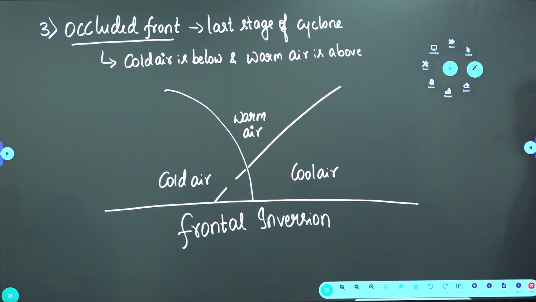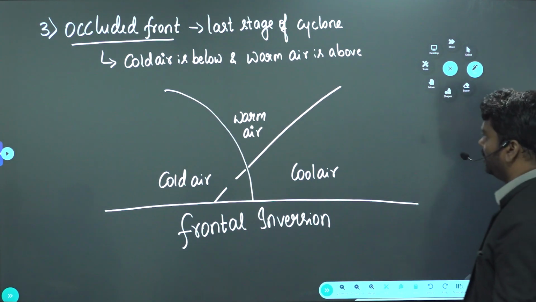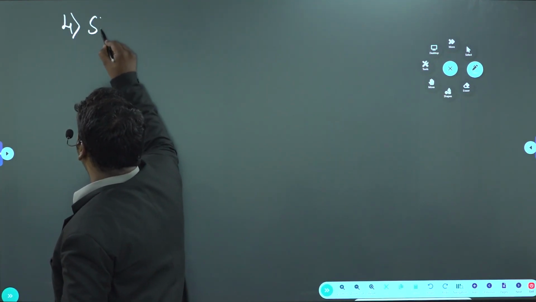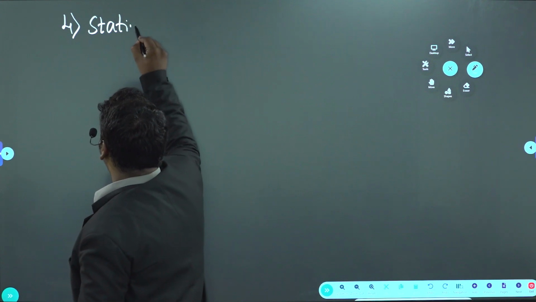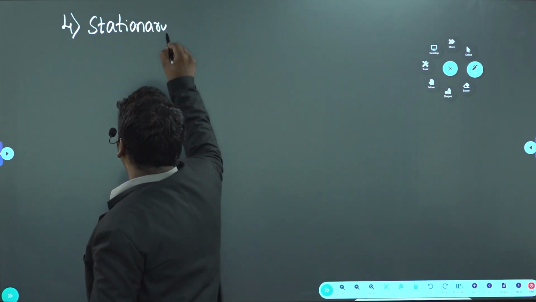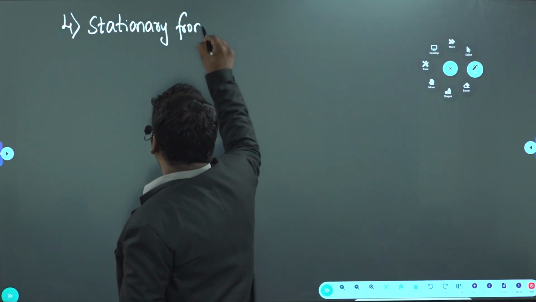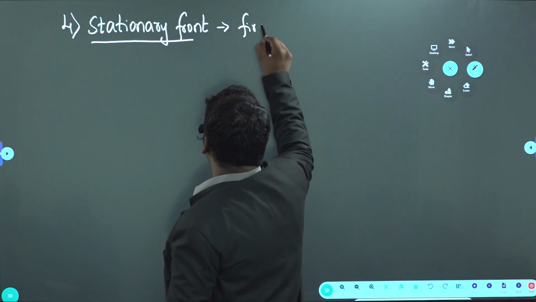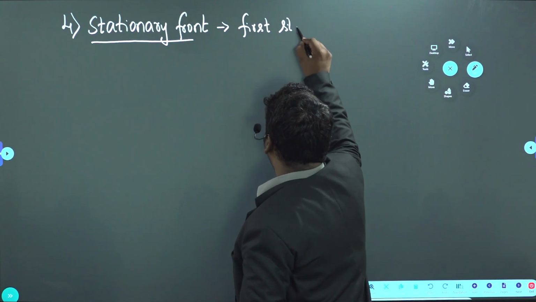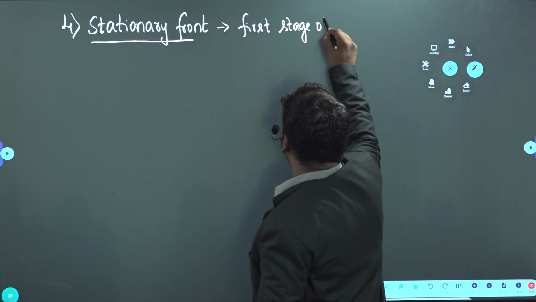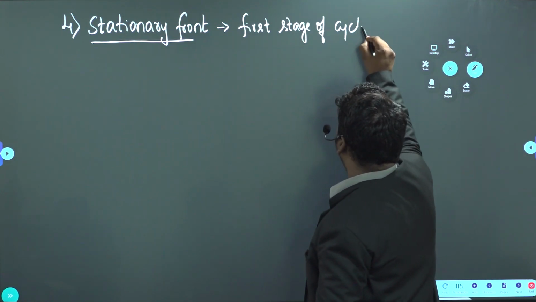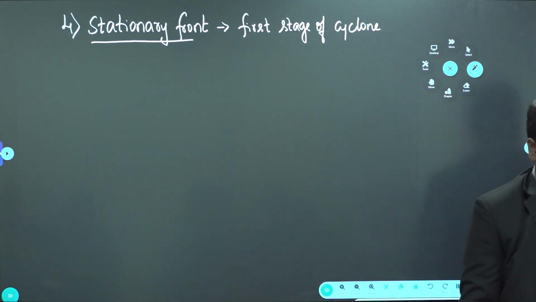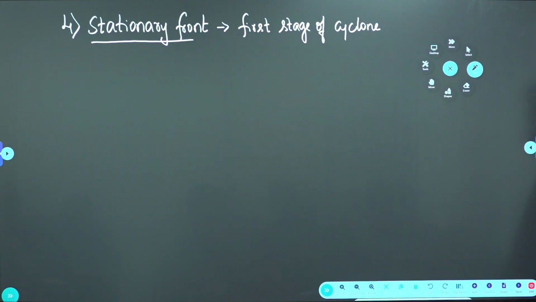Which is another one? Stationary front. First stage of cyclones. Stationary front will be the first stage of cyclone.